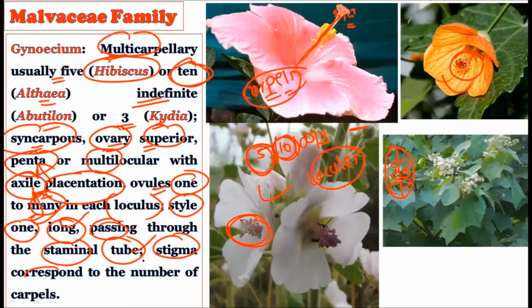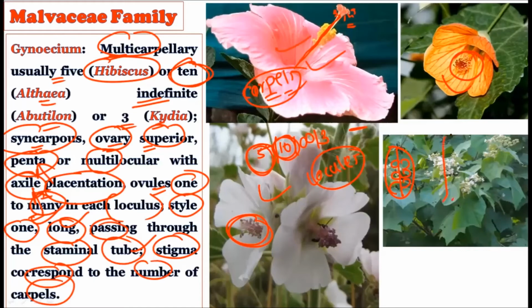the stigma corresponds to the number of carpels. Okay, whatever stigma is present at the apex, this stigma will correspond to the number of carpels. How many carpels are there? That number of stigmas are there at the apex of the gynoecium. Okay, so it is just like that. Consider this is a flower of the hibiscus, and this hibiscus flower is showing the staminal tube like this.